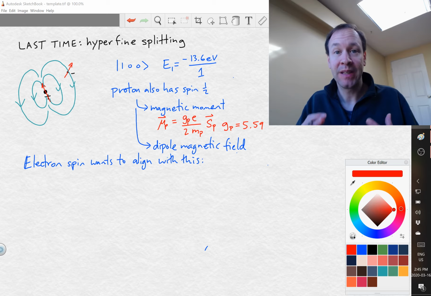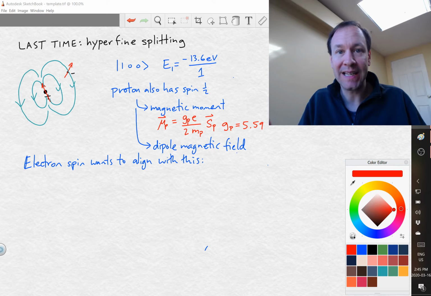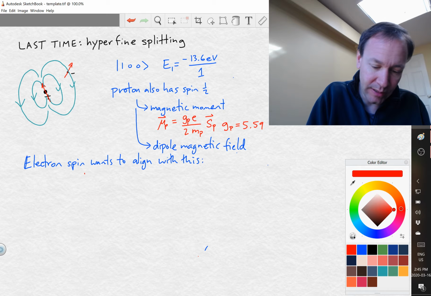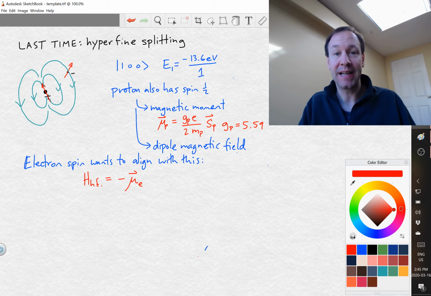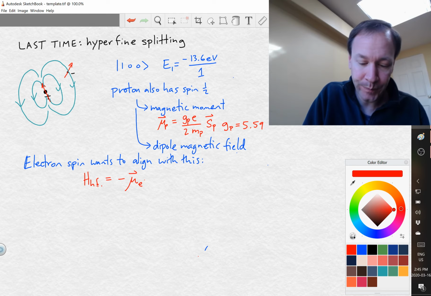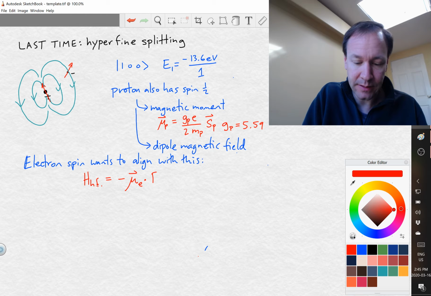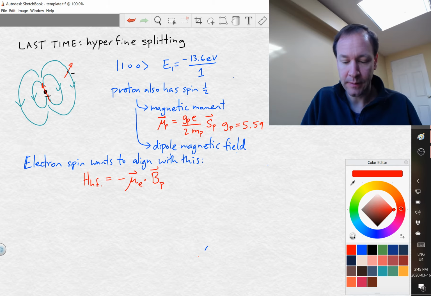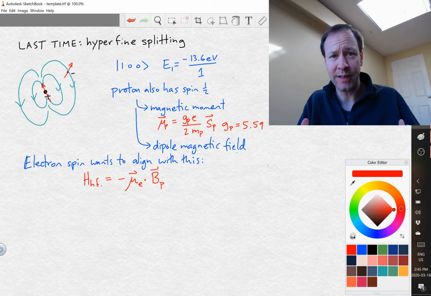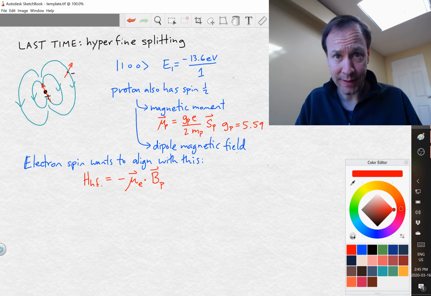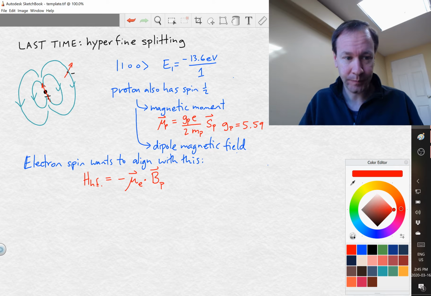And the interaction, or the term in the Hamiltonian that will take that into account, is the same one that we've talked about before. So that is just minus the magnetic moment operator for the electron dotted into the magnetic field of the proton. Okay, which I've drawn, but I haven't written. You can find the full expression for that magnetic field in Griffiths.